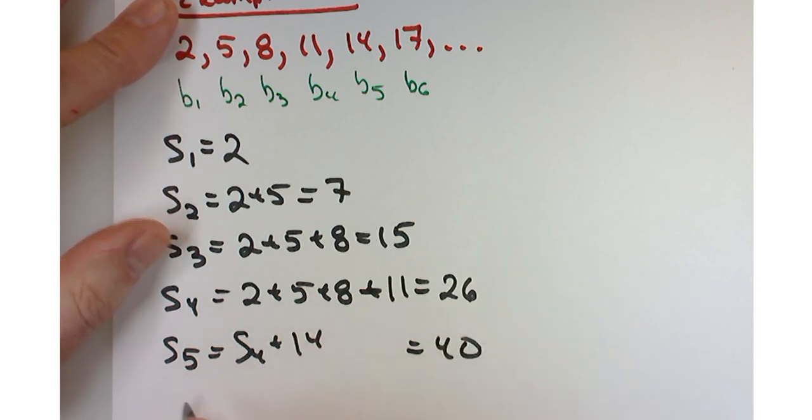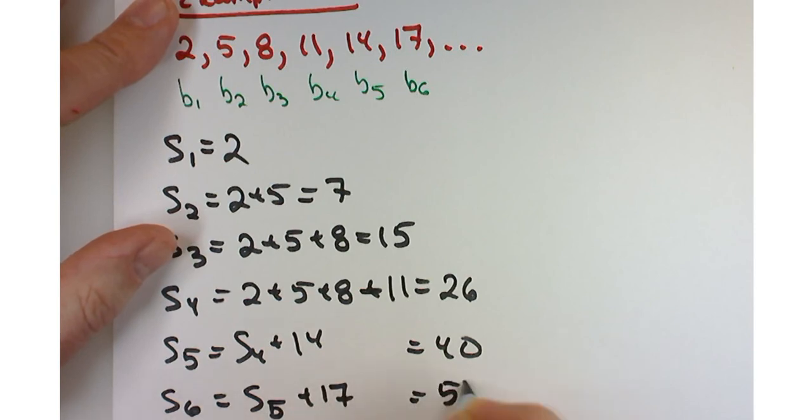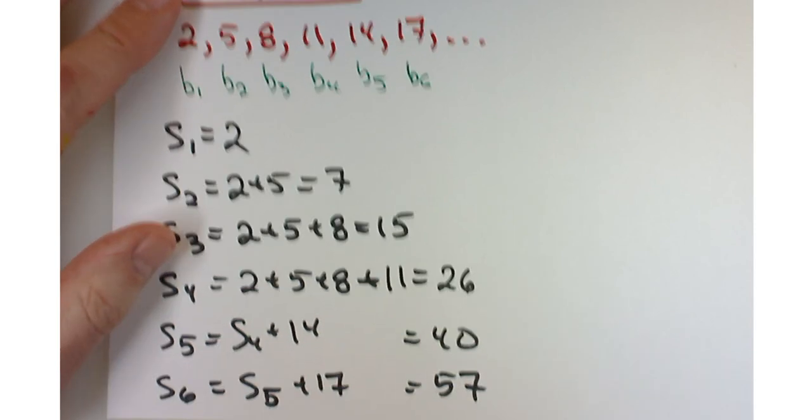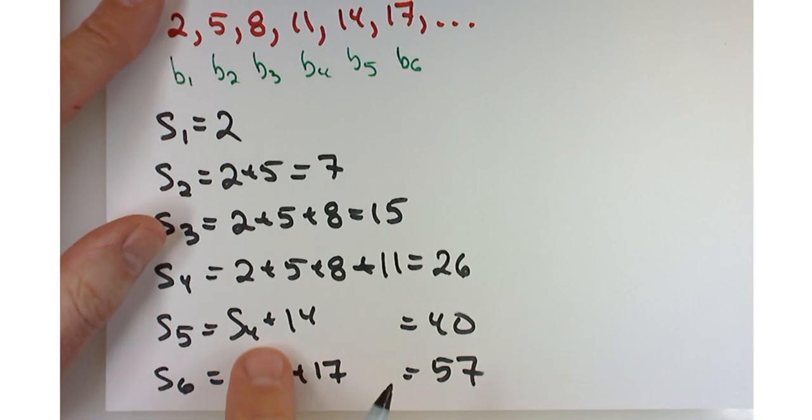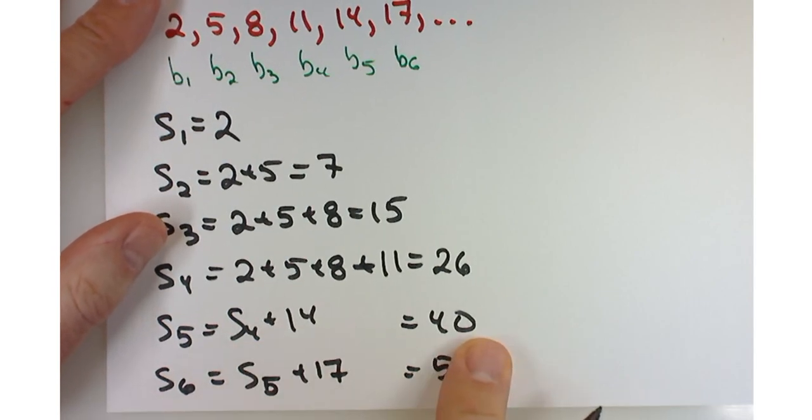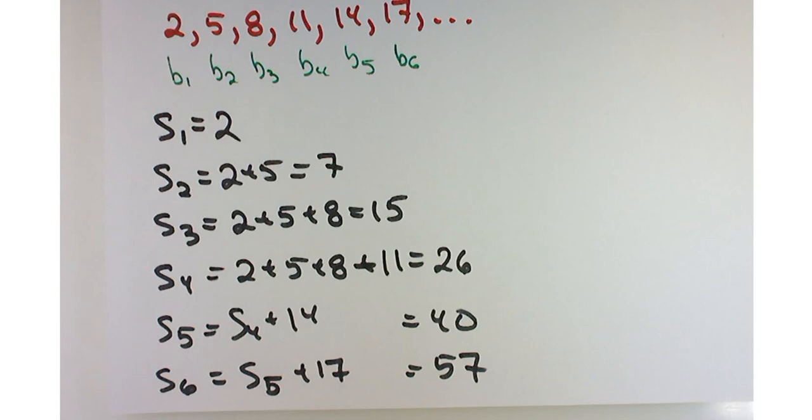And to get S sub 6, what's the fast way? S sub 5 plus 17. So well done. And that's your sequence of partial sums. Now you can write it all out if you want to, that's fine. I'm not going to give you points for or against it if you do or don't.